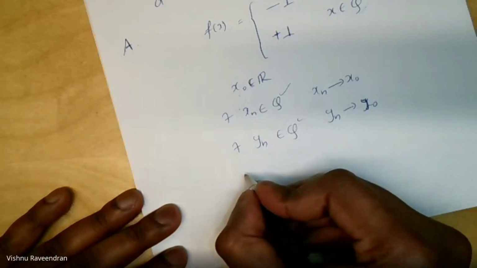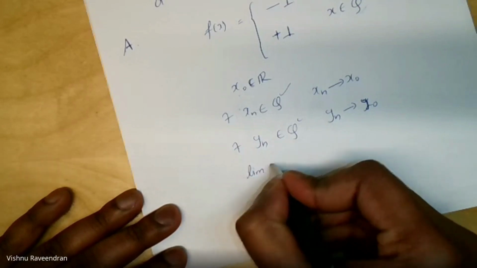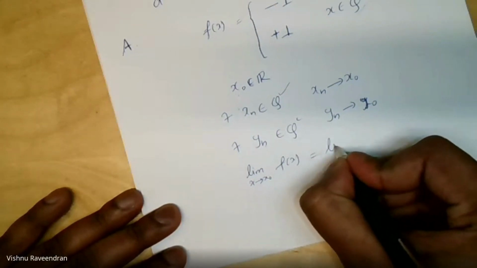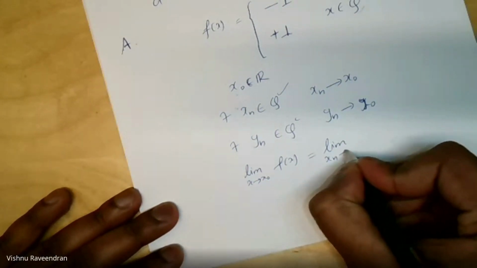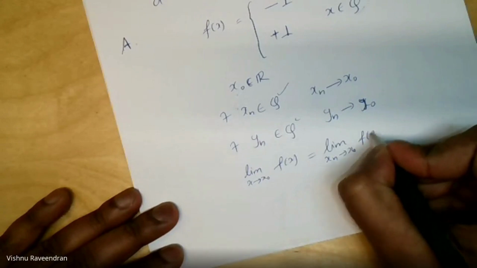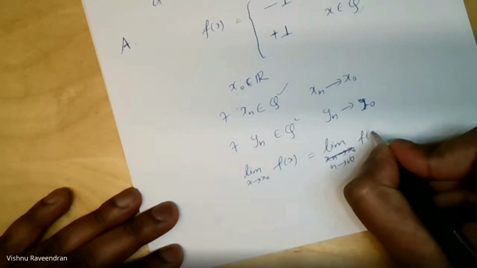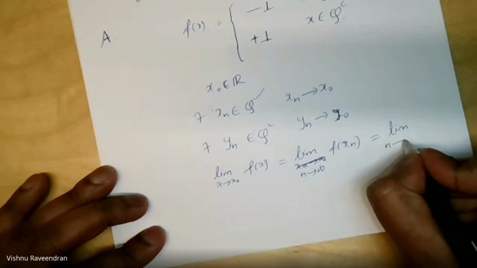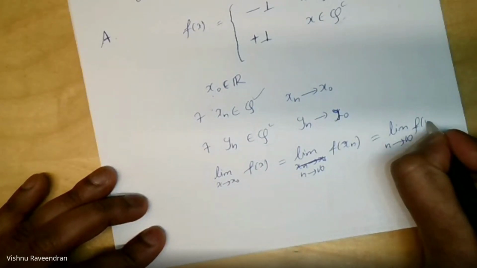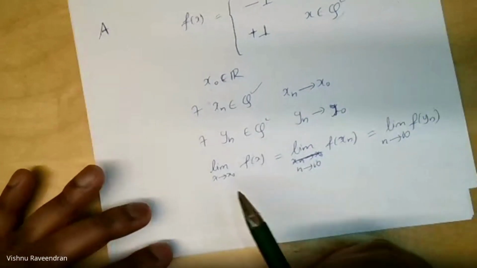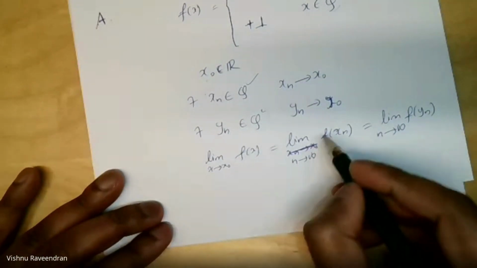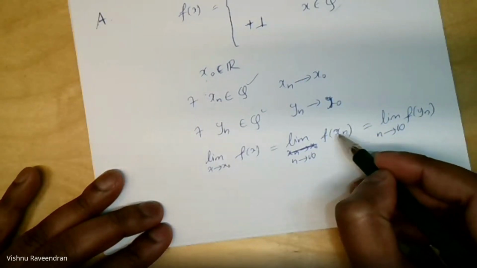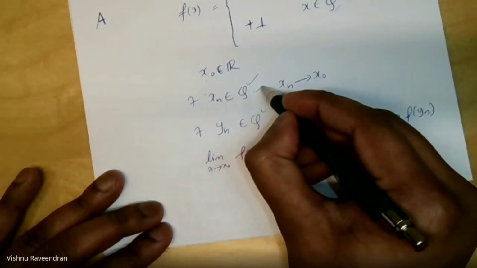So if the limit exists, then the limit as x tends to x naught of f of x should be equal to the limit as n tends to infinity of f of xn, and the limit as n tends to infinity of f of yn also, by the sequential criteria. And what is this? This is f of xn, and xn we chose from the rational numbers.